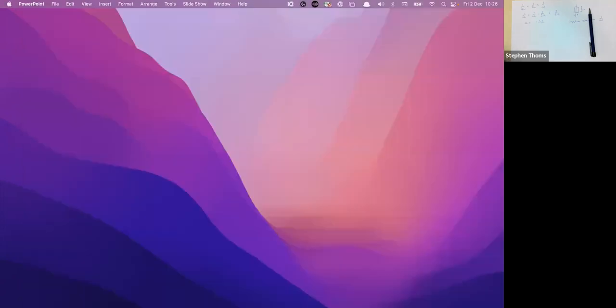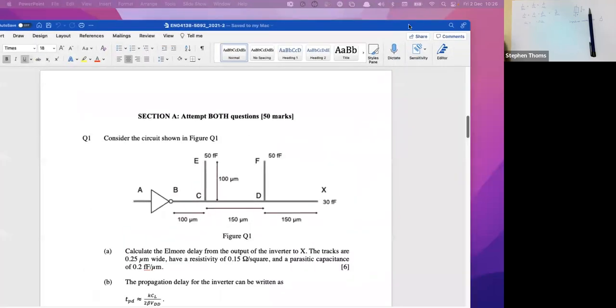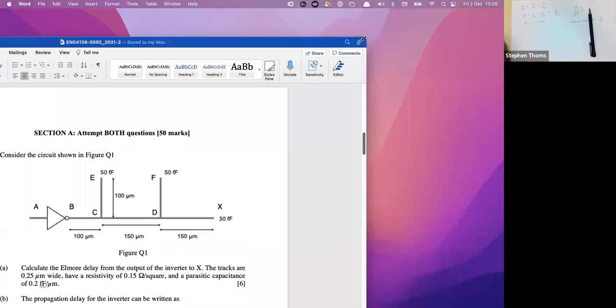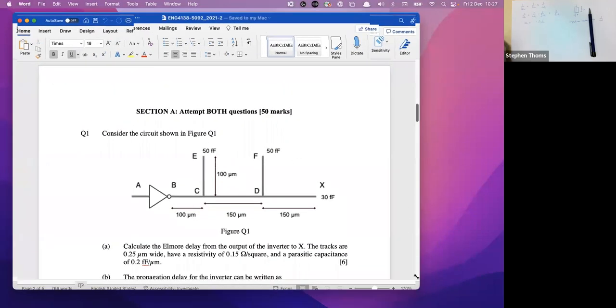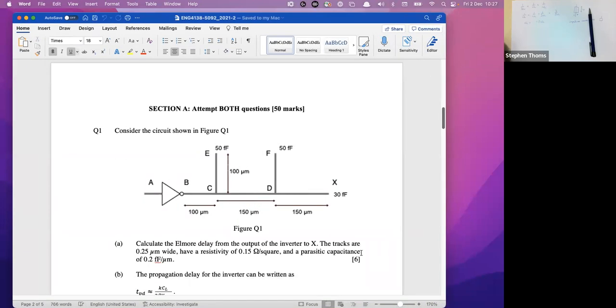Let's close that and copy, take the examiner question over. So is that the right question? That's question 1A 2021. So we've got an output from the inverter going to X. We're given the width of the tracks.